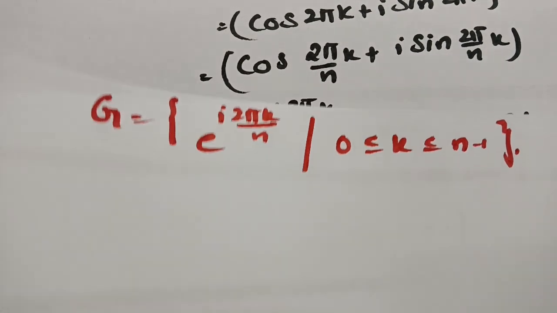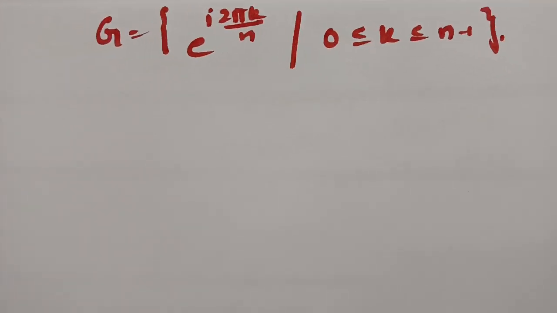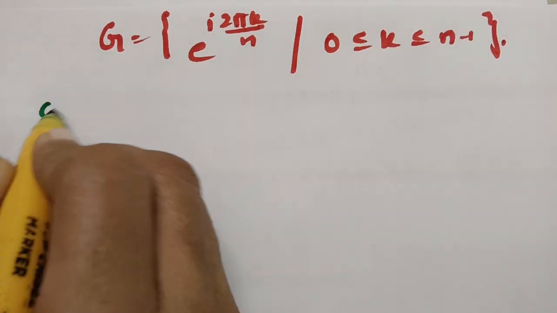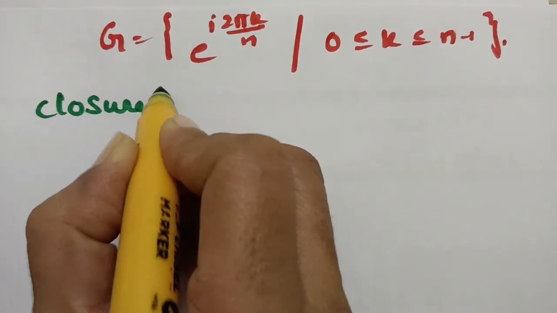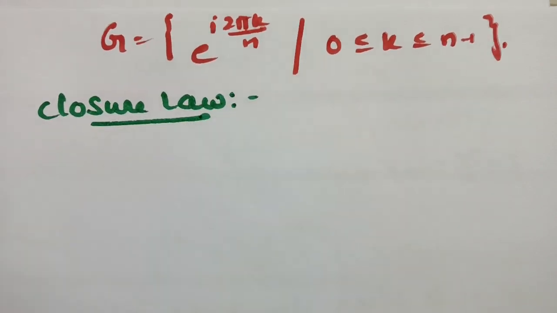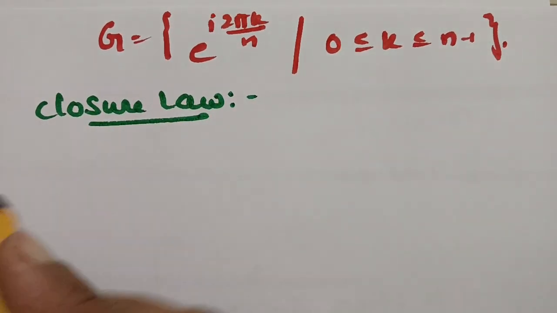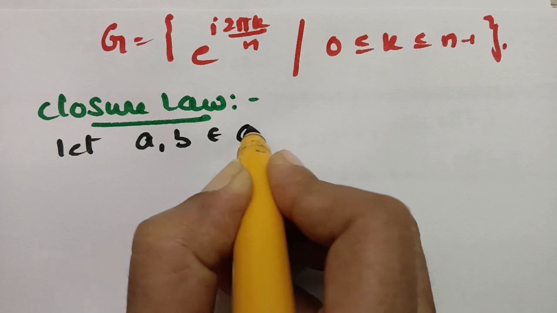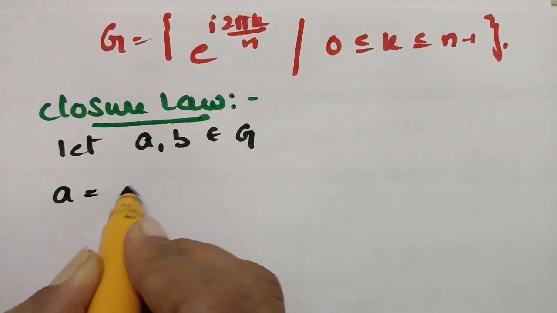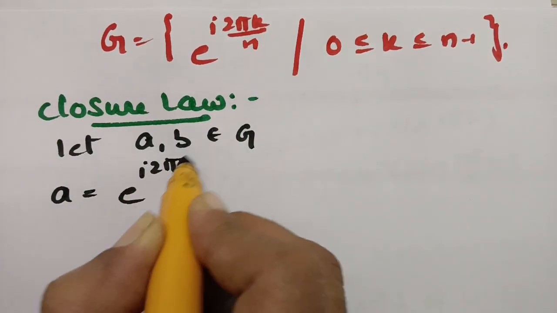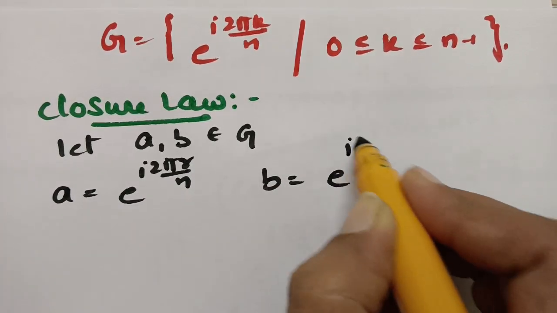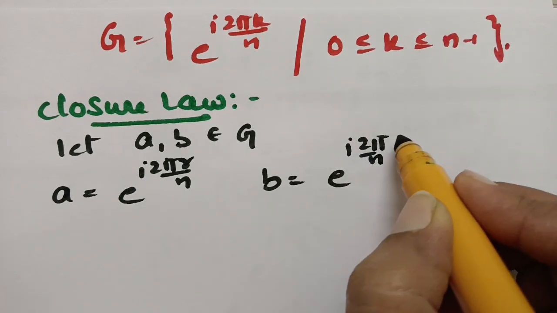The first property which I am going to show is the closure property. See here, for closure law, we have to take 2 elements. So for closure law, I am taking the 2 elements. Let a, b belong to G. So a value is nothing but e power i 2 pi r by n, and b value is equal to e power i 2 pi s by n.